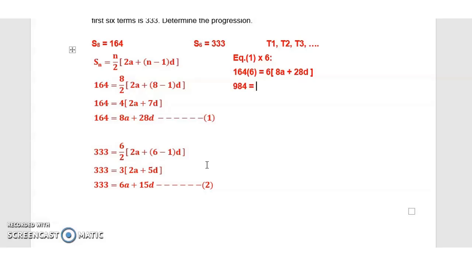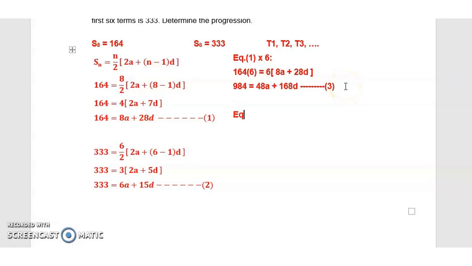So 6 times 8 is 48a, plus 28 times 6 equal to 168d here. Okay, now let's say I put this as the third equation.